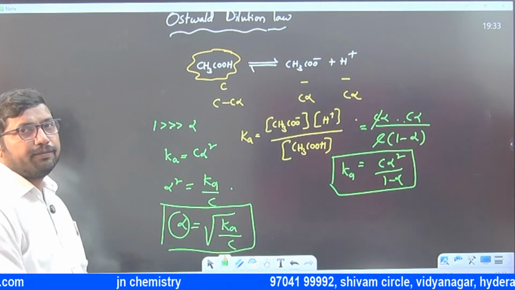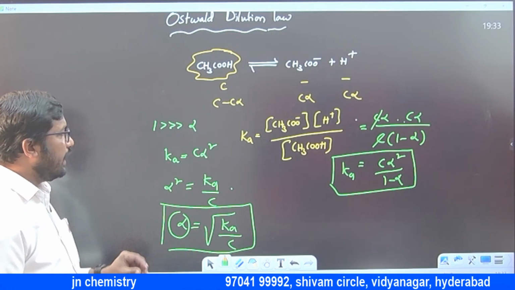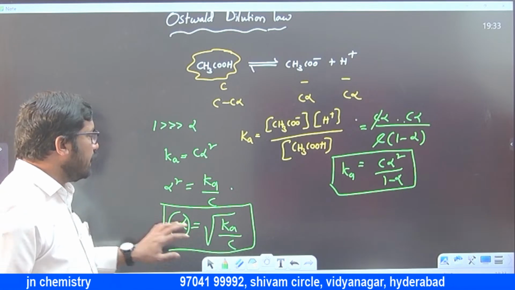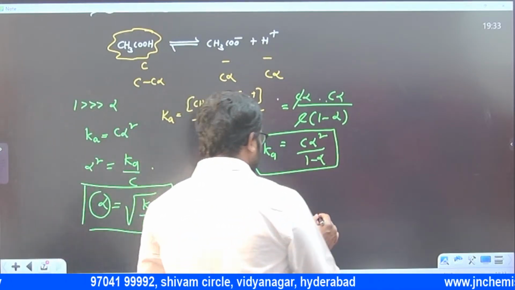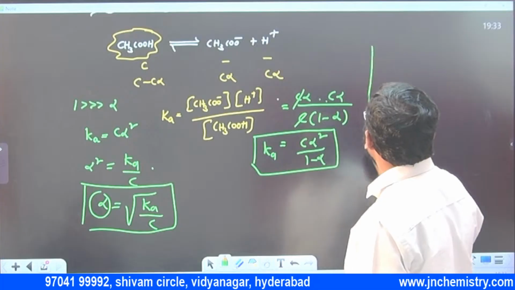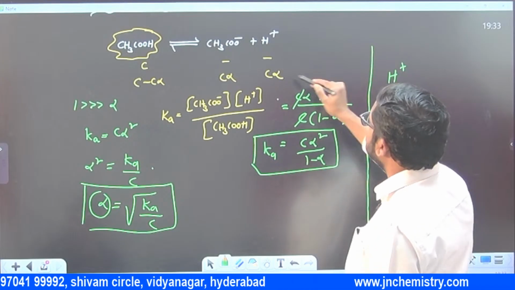Sometimes they ask for pH calculations. The H plus ion concentration is nothing but C alpha.